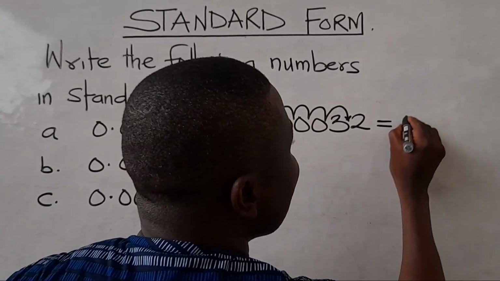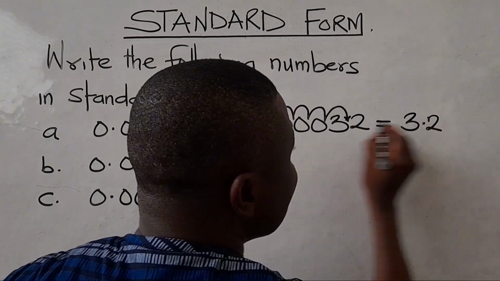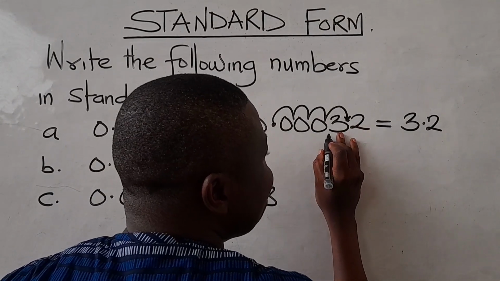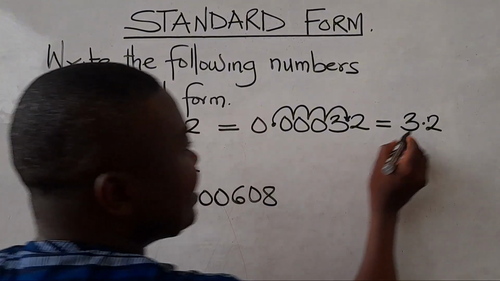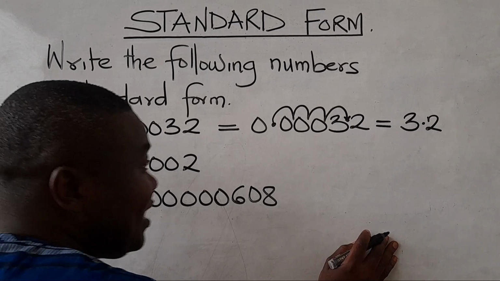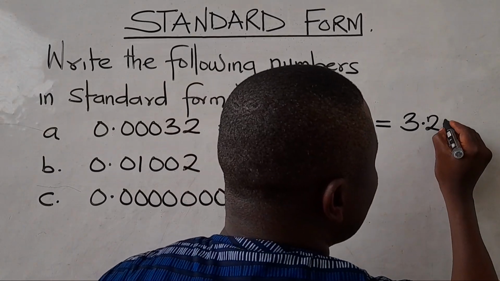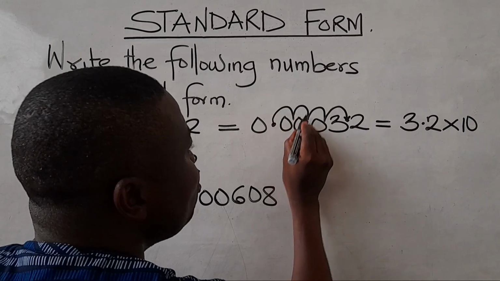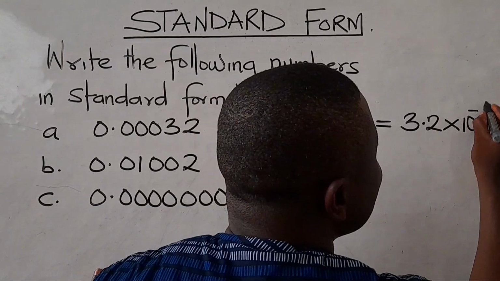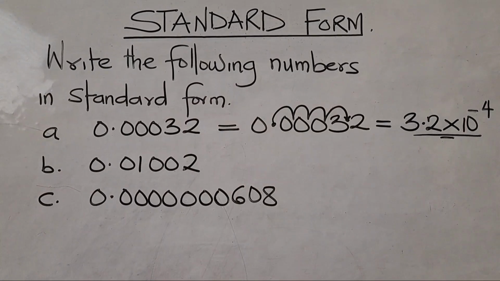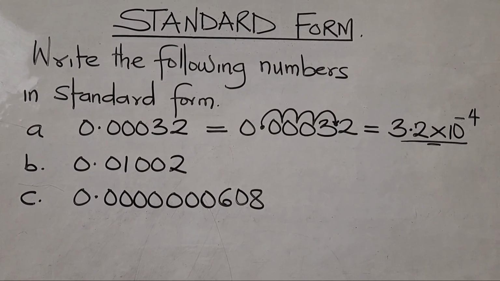So this will give us 3.2 because the point now comes here. Why does it stop here? Because this is the first non-zero number, and 3 is between 1 and 10. So that's where we stop, times 10 raised to power. How many times do we jump? 1, 2, 3, 4. Negative 4. That is the answer.